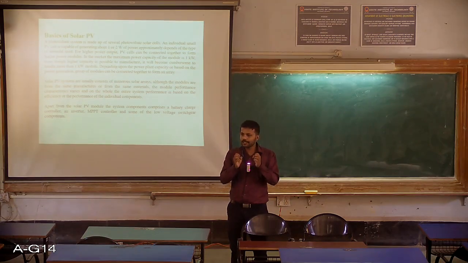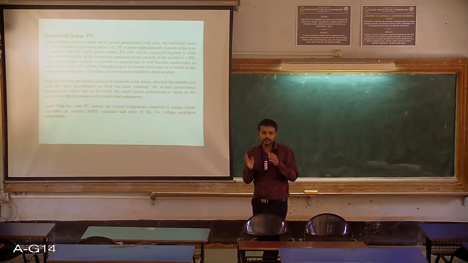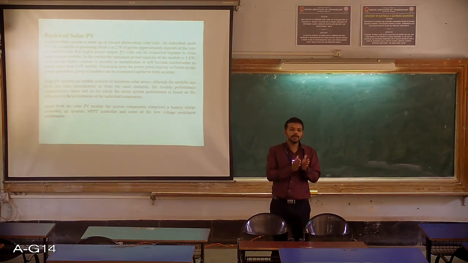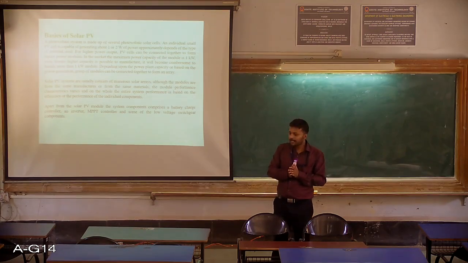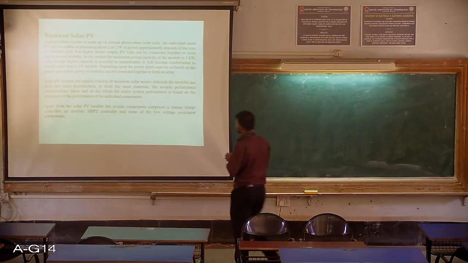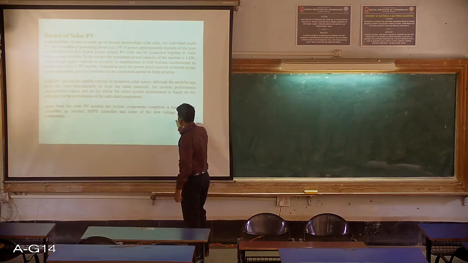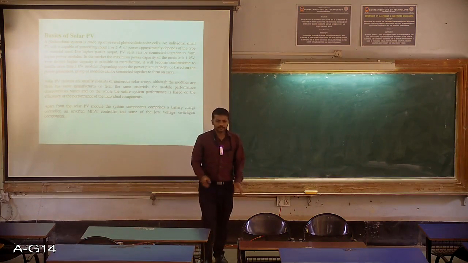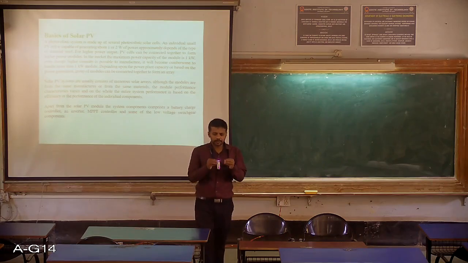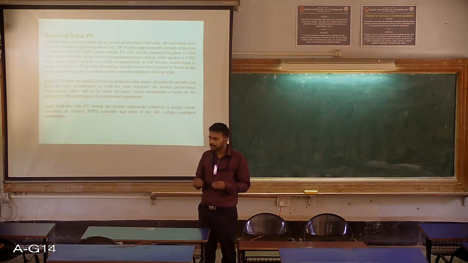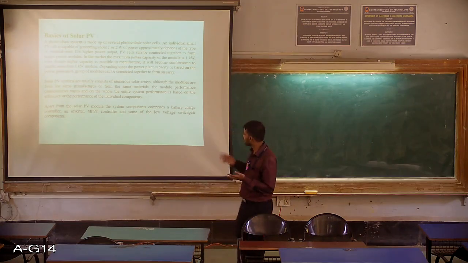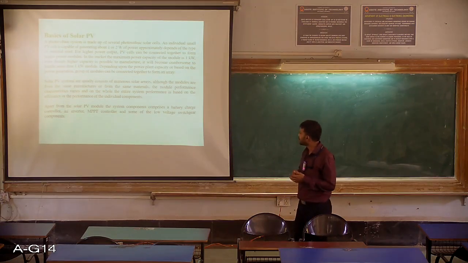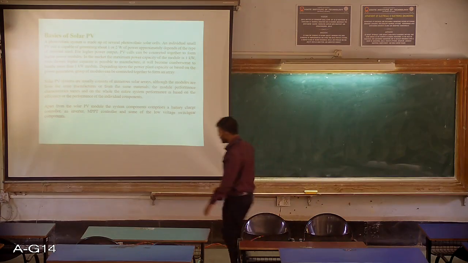That is the target. To do that we should have one separate system, which we call the MPPT controller. Then we definitely require the low voltage switchgear components for the protection of the equipment. Even the overall performance or efficiency depends on those switchgear components also. That is the meaning of this paragraph.